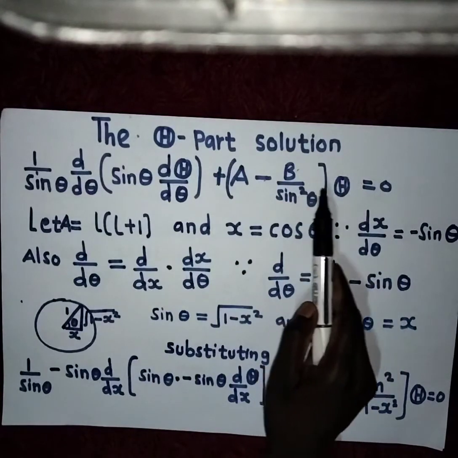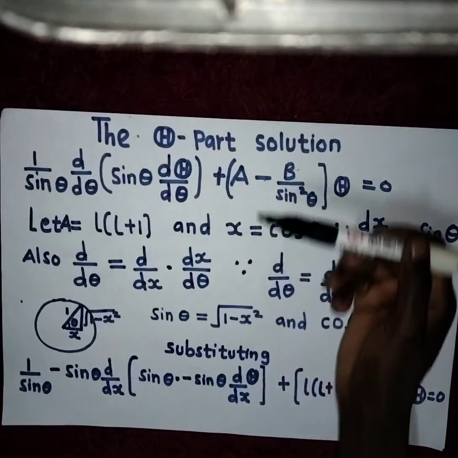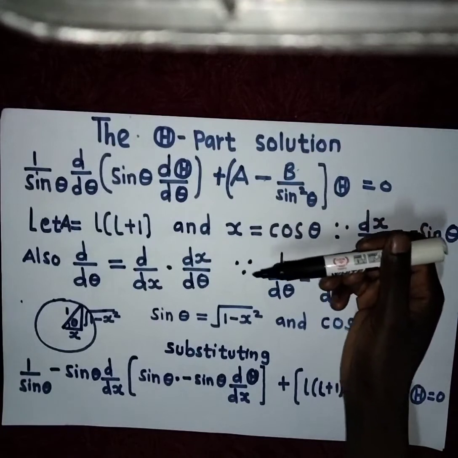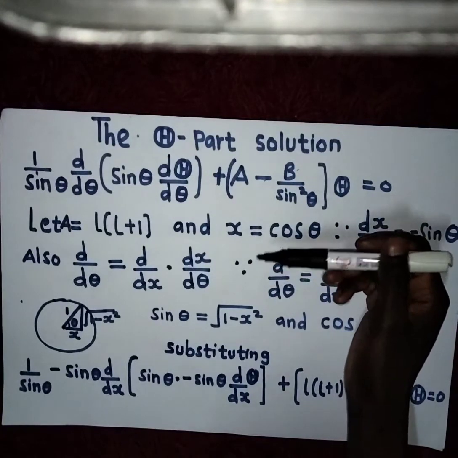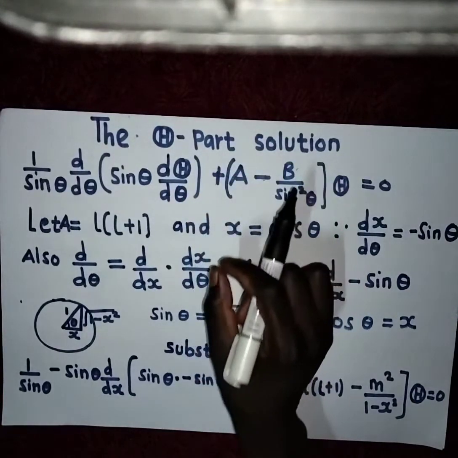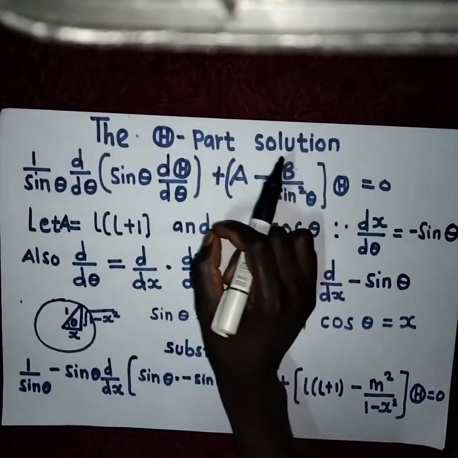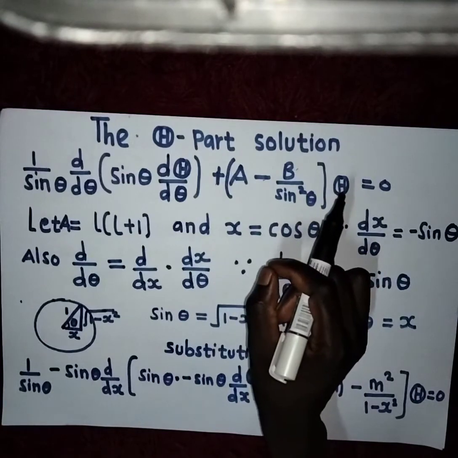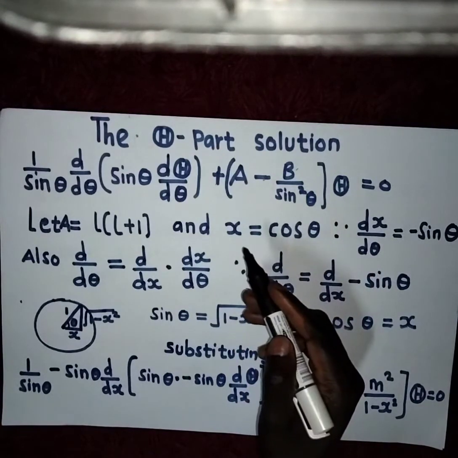So this one, I want to let some things by substitution. I want to come up with the m. I'm going to make this one an associated Legendre differential equation such that I can solve it.